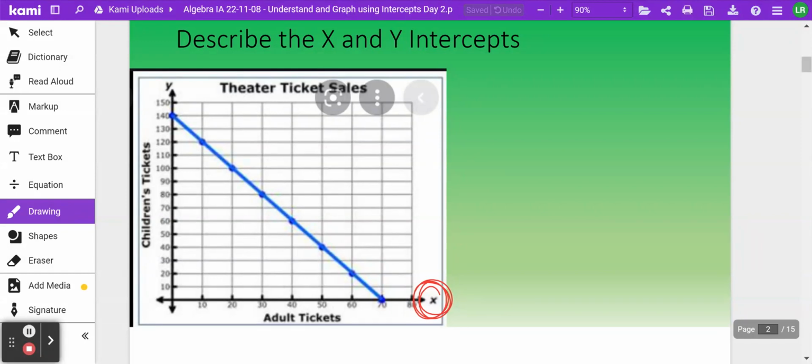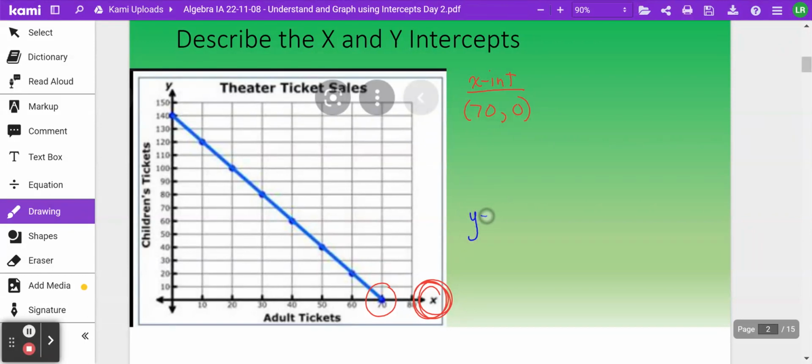So for this particular one, our x-intercept would be 70. So that'd be (70, 0). Reminder, for an x-intercept, the y value is 0.